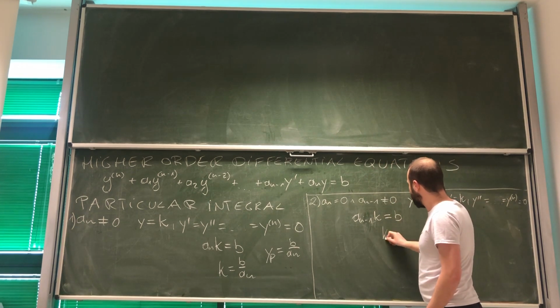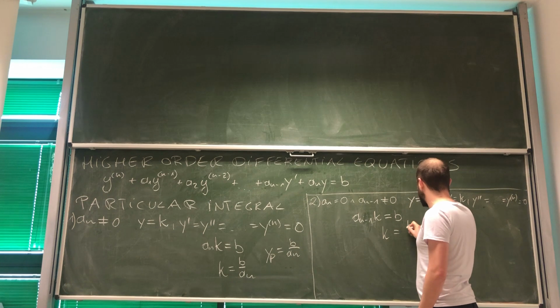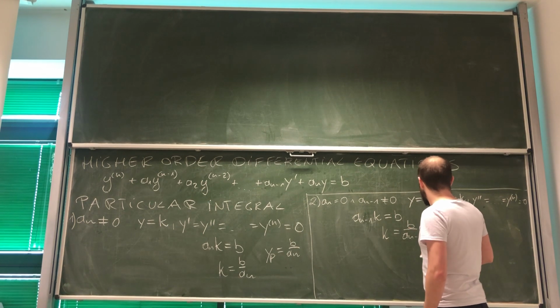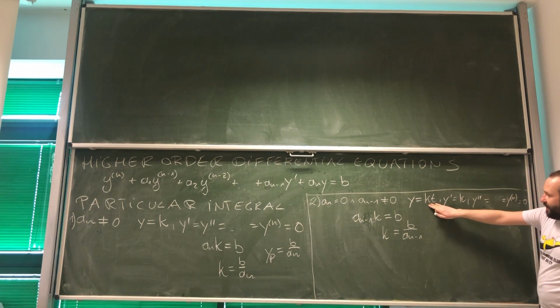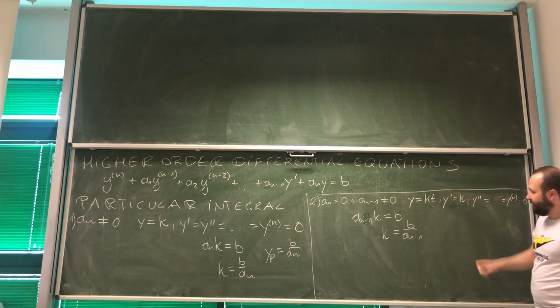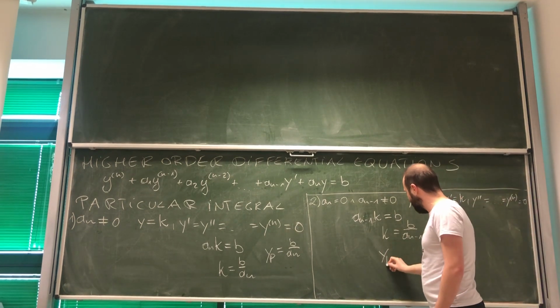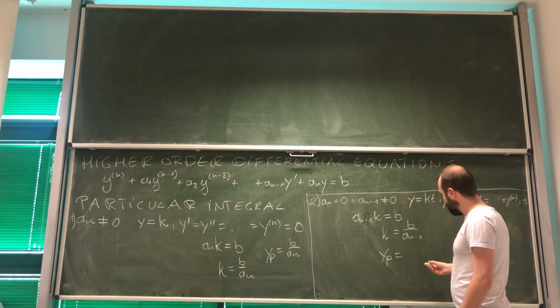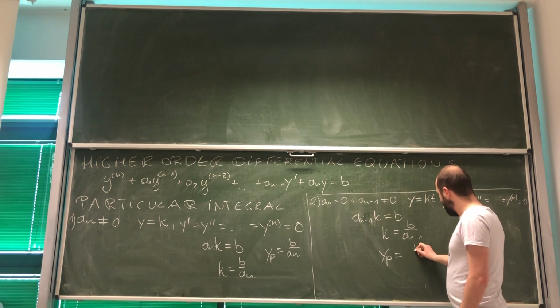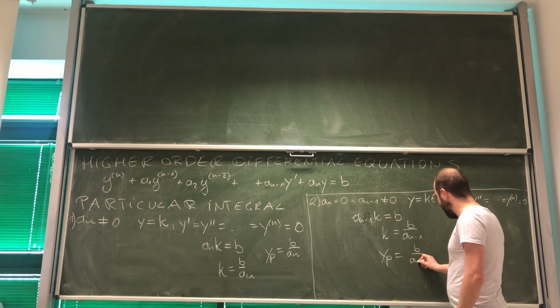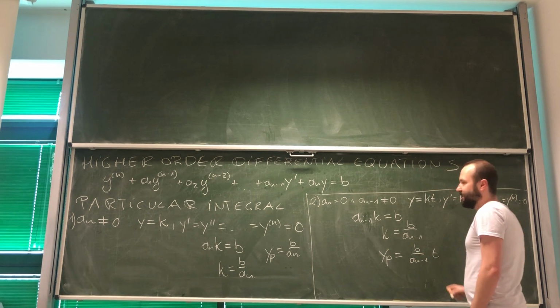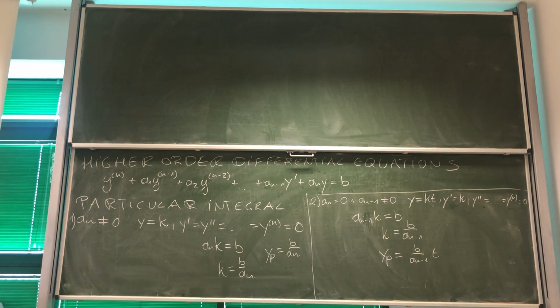Out of this, we calculate that k is equal to b over a_(n-1). However, y is equal to kt, which means that the particular integral in this case is equal to b over a_(n-1) times t.